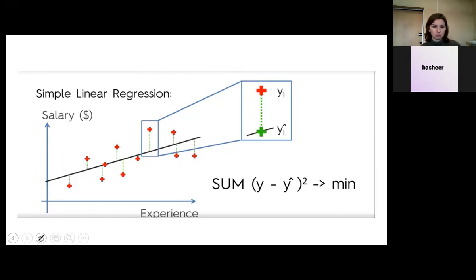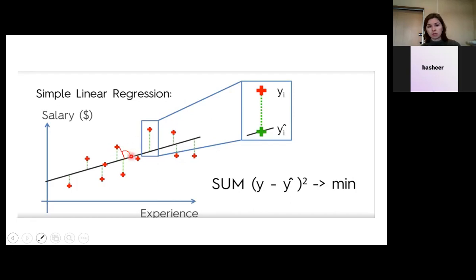Don't calculate the distance like this, perpendicular. It's a mistake. Sometimes it seems that it would be correct, but this is not true.